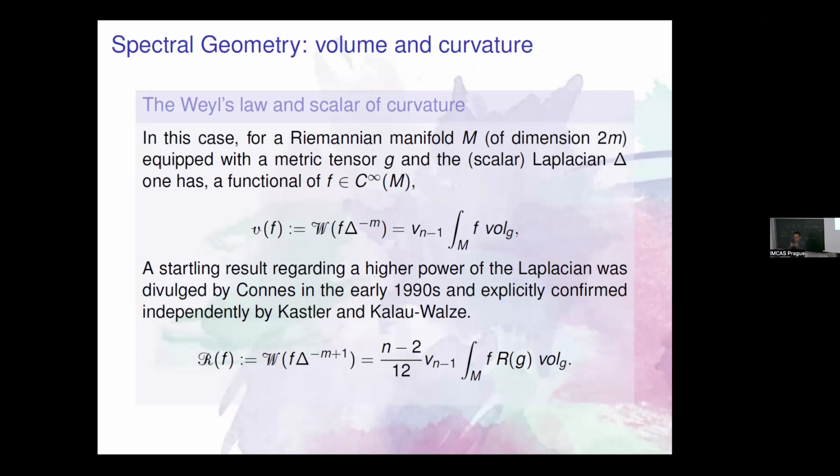So you can localize the function around one point. Localize means make it, say, compactly supported, and this compact support is small enough. And you can make the support smaller and smaller. So what you basically get is information about the density of the volume. Of course, if you take f being 1, you get the volume of the manifold.